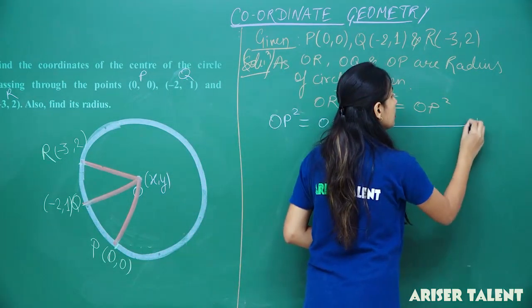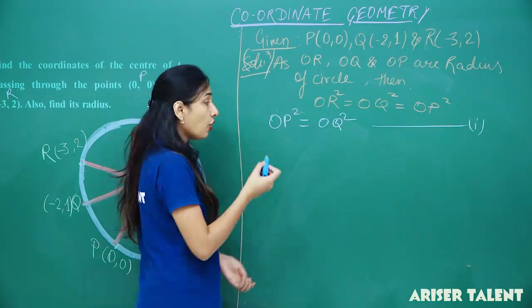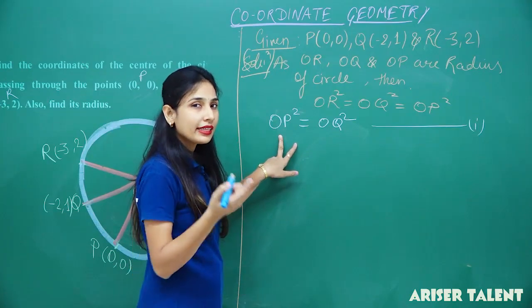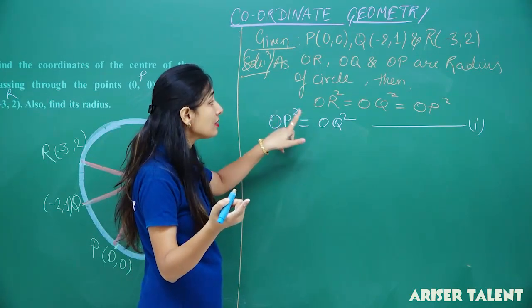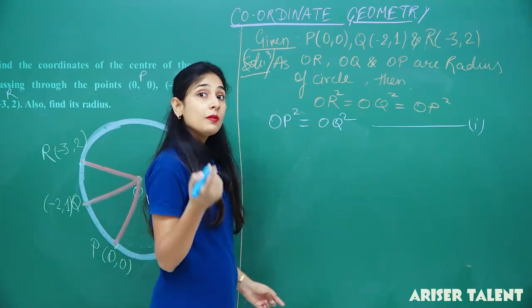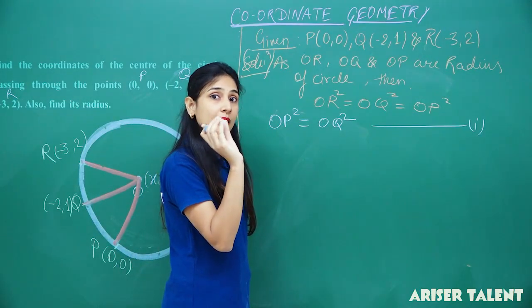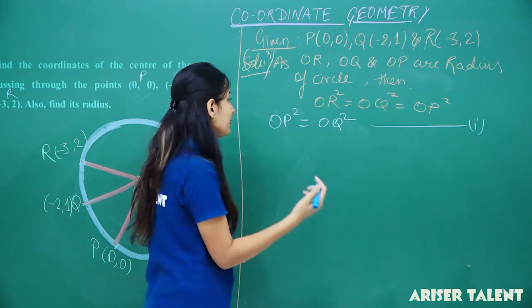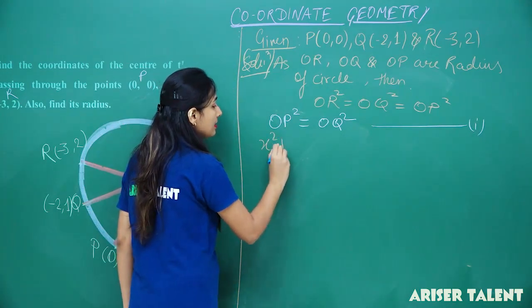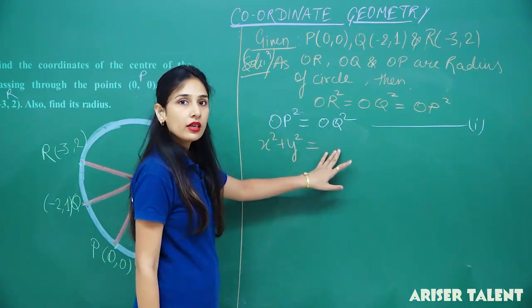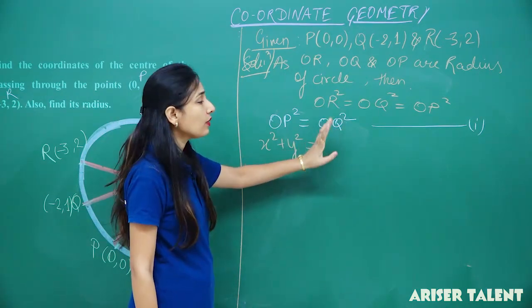This is first. Now I will use the distance formula here. OP square will be x square plus y square, simply because P has its ordinate and abscissa as 0, 0. So it will be x square plus y square equals OQ square. The root is eliminated with the square.